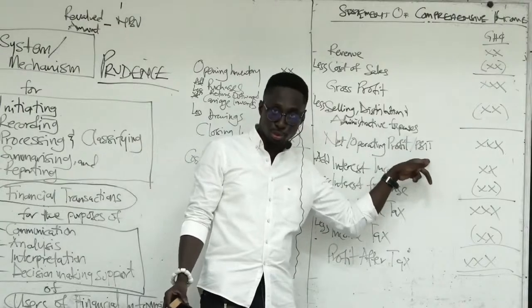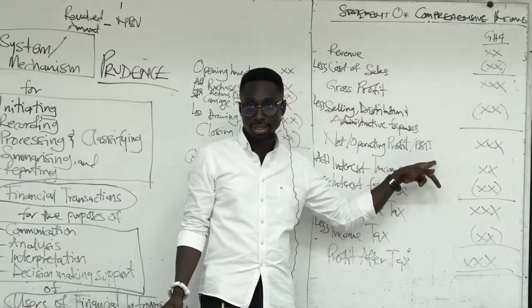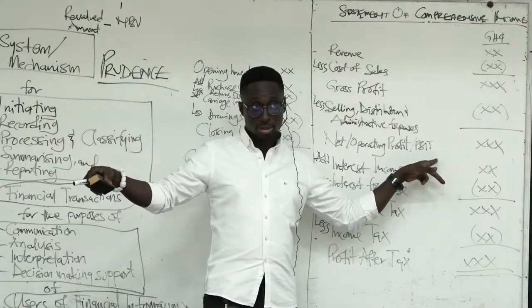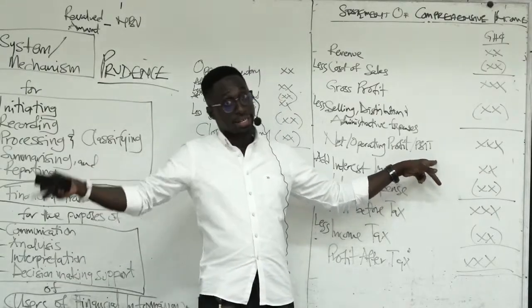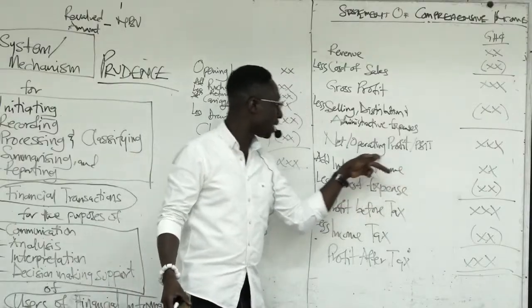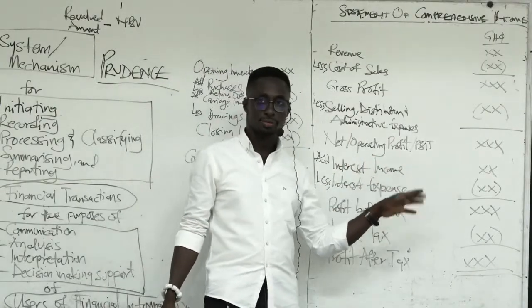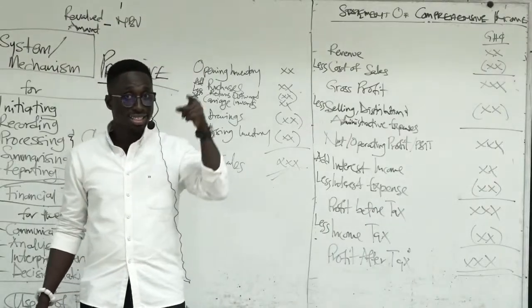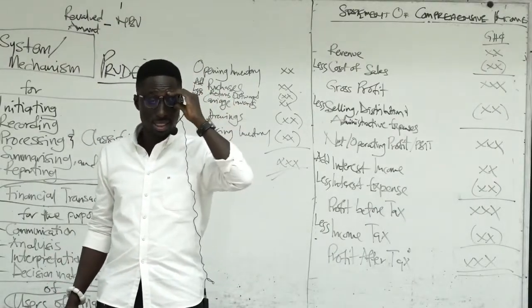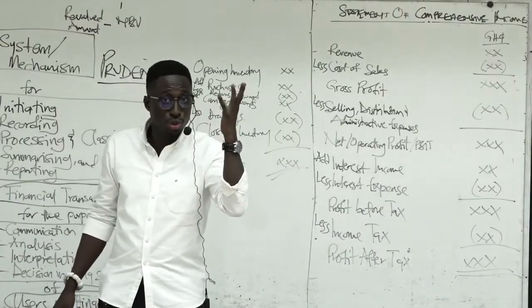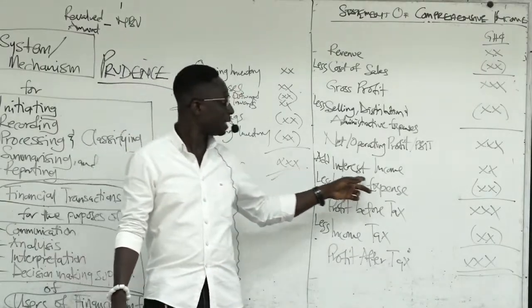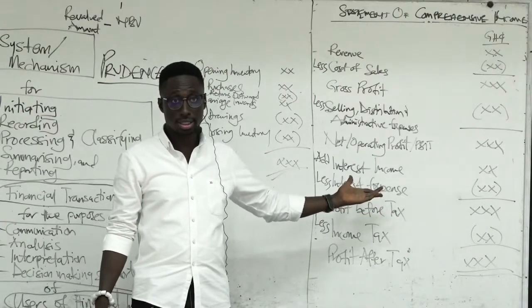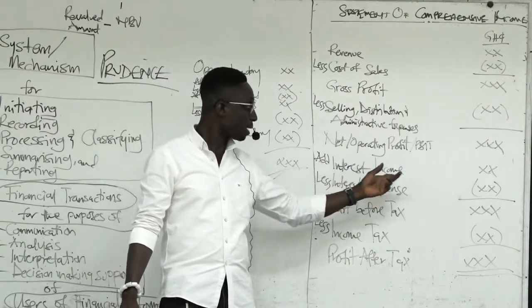What this profit before interest and tax tells you is that for the next level, you are supposed to be considering interest and tax. So after here, we come and consider interest. As a business, you may earn interest income. It is not your operating income. As a trading company, interest income is not your operating income. So maybe you have earned interest on your bank balances. That's interest income. So that one will come here.